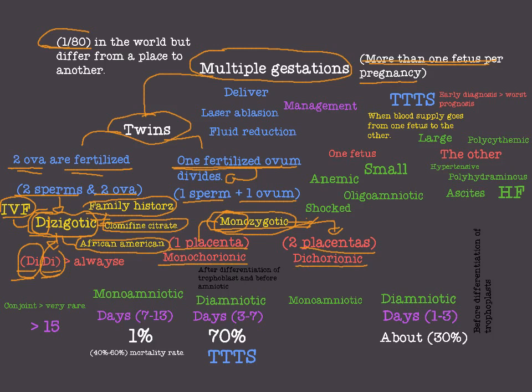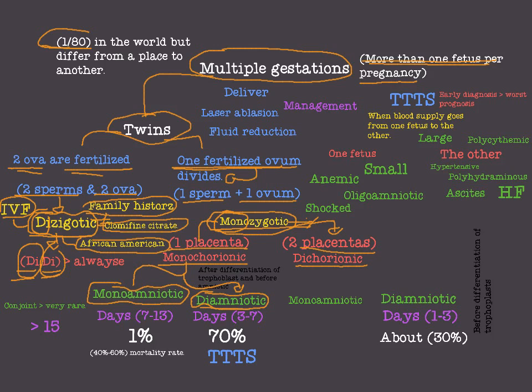And that one placenta may have one amniotic sac, monoamniotic, or two amniotic sacs, diamniotic.